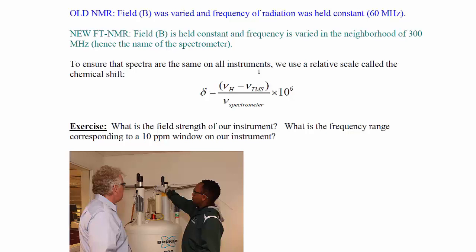If we're doing germanium NMR, we need a different reference, of course. But it's the difference between the signal we get and the reference signal, divided by the frequency of the spectrometer. And then since the numbers are very small, we just multiply by a million. We call these units for chemical shift parts per million, simply because we're multiplying this by 10 to the 6.